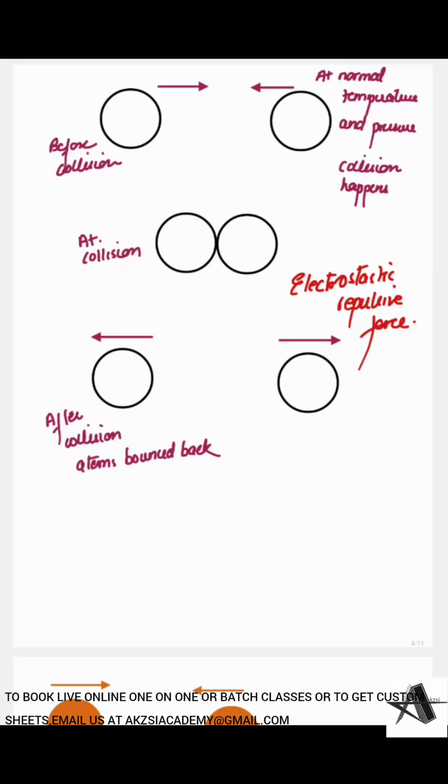So there is electrostatic repulsive force between the nuclei, and they can't stick together, they just hit and then repel each other and go back. Like this, after collision, the nuclei just bounce back and move away from each other. That happens at normal temperature and pressure, and that's why fusion can't take place.